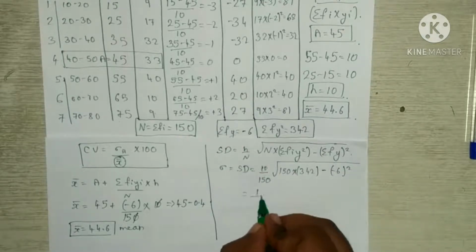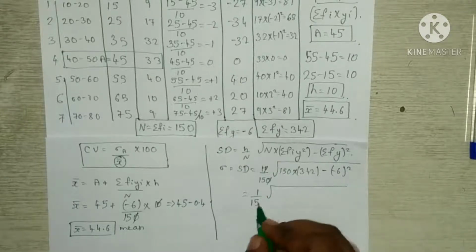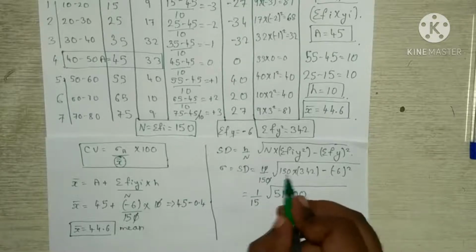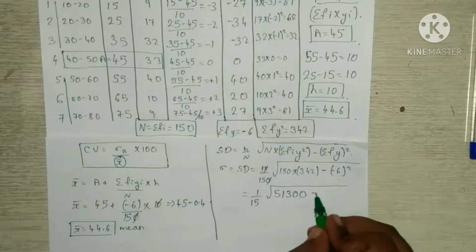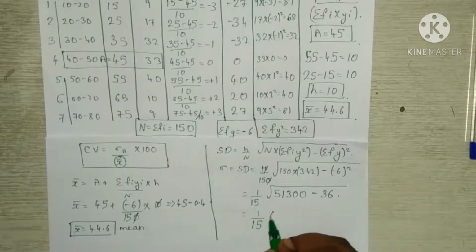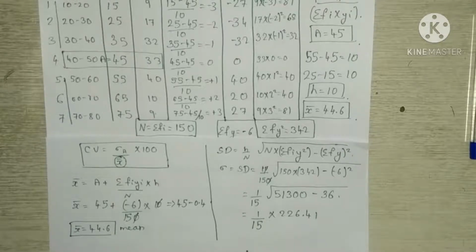You will get 1 by 15, 0 cancel, root over n times 342, multiplying 150 into 342 is 51300, minus 36. Okay, you will get around 1 divided by 15 into root of 51264.